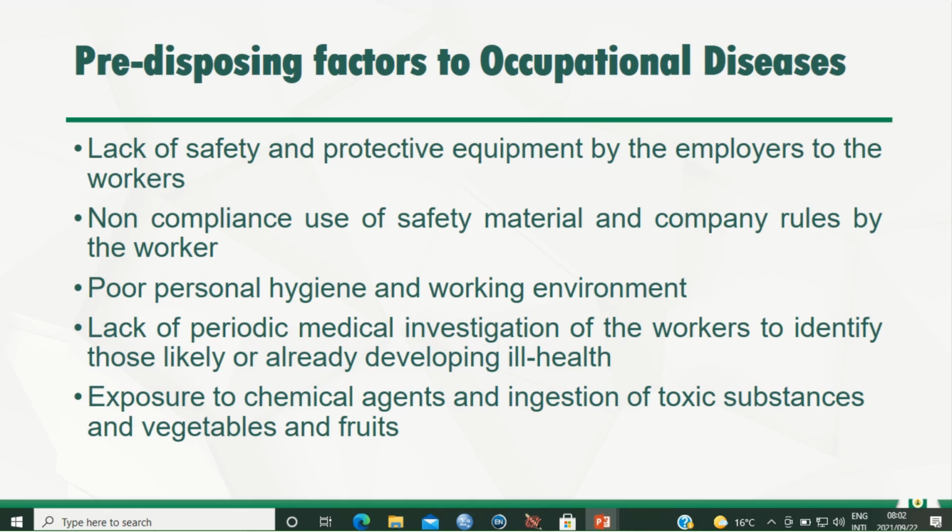Non-compliance with the use of safety materials and company rules by the worker. When the employee does not comply with the use of safety equipment and the rules and regulations of a company, it can also predispose such an individual to occupational disease.